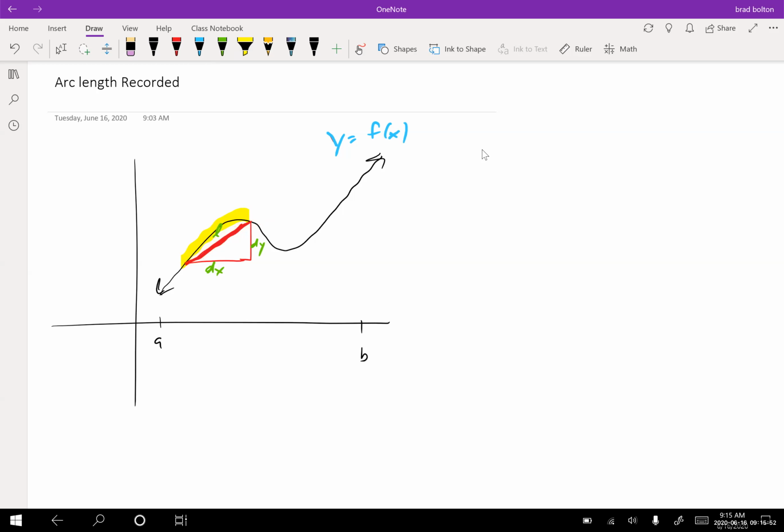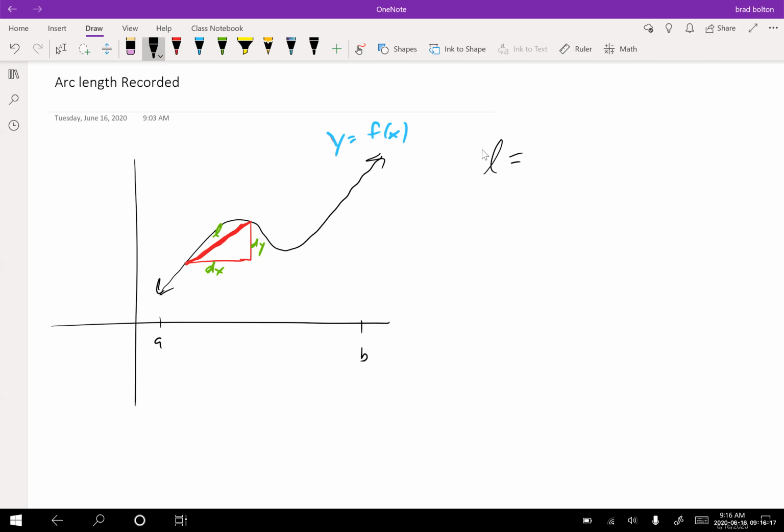What I'm trying to do is use this line of my right triangle to approximate the arc length of the actual curve y equals f of x. Now, I think you would agree it won't be right, but maybe it's a decent approximation. So I'm going to label that length L.